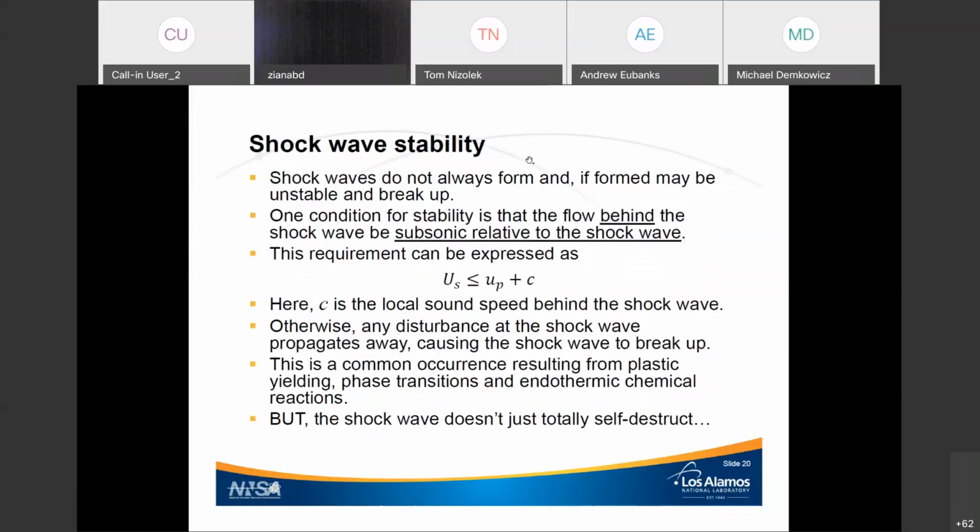Now, shockwaves don't always form. And if they form, they can be unstable and they can break up.